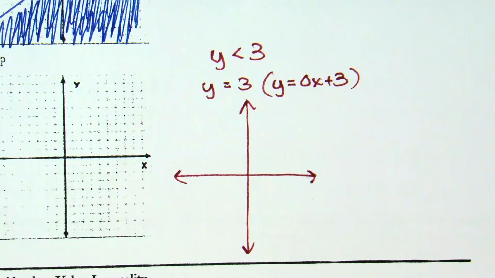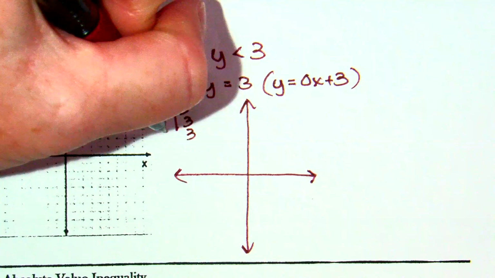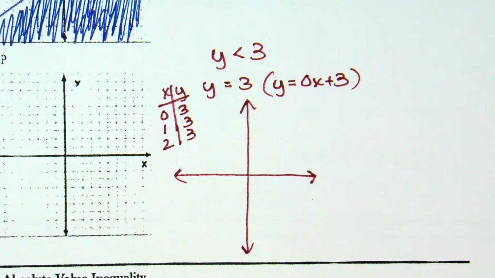But one way or another, you have to determine and understand that this is a horizontal line at 3. I don't know how you want to remember it. I teach multiple different options there. But 1, 2, 3. So I have a point at 3. We can say 1, 3, 2, 3. You do the rest from there.